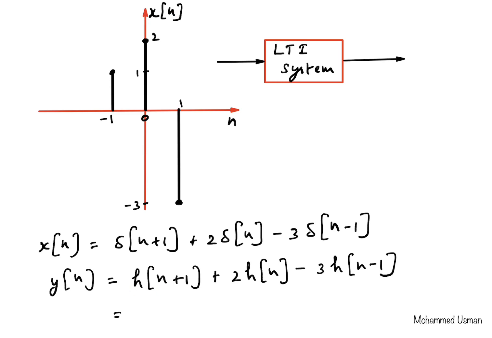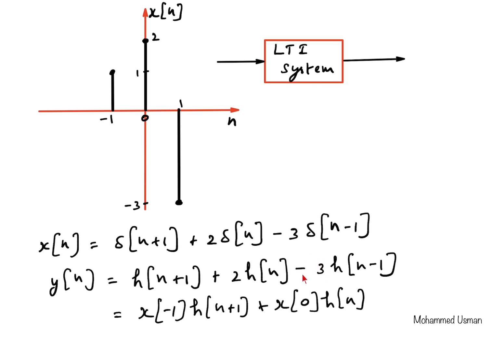So we can write this as x of minus 1 times h of n plus 1, plus the 2 here, which is nothing but x of 0, so x of 0 times h of n, and the minus 3 in this equation is nothing but x of 1.